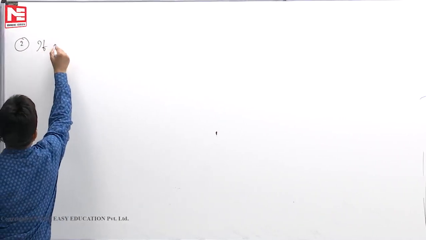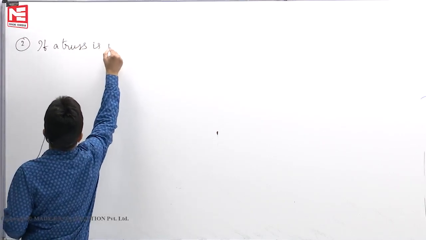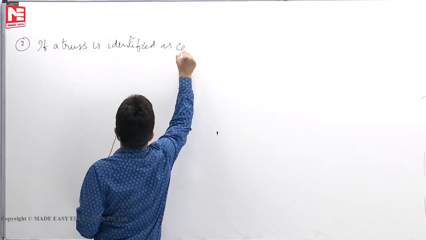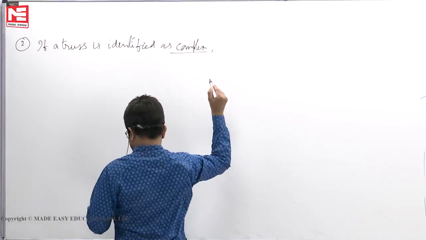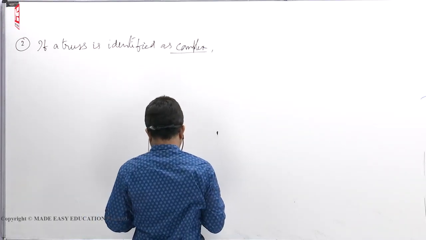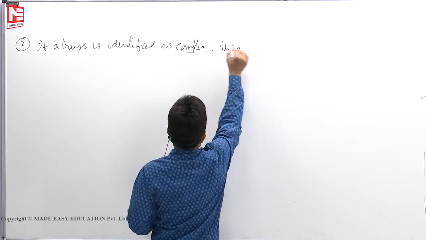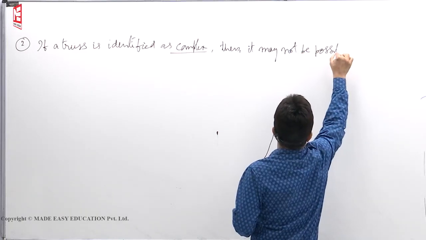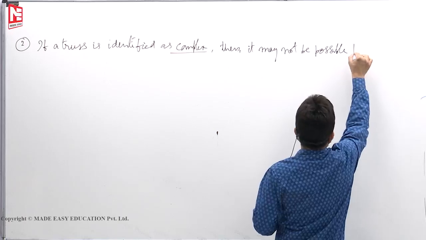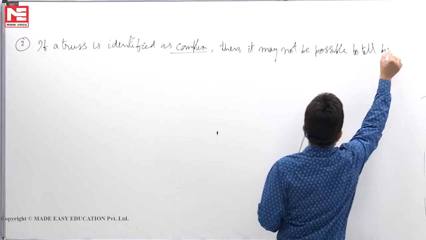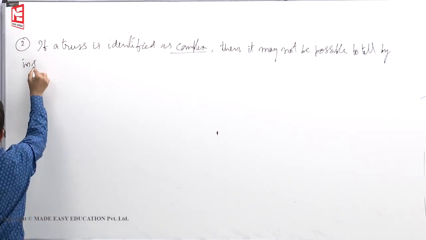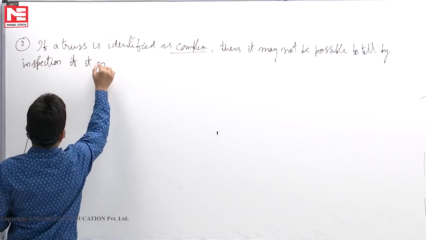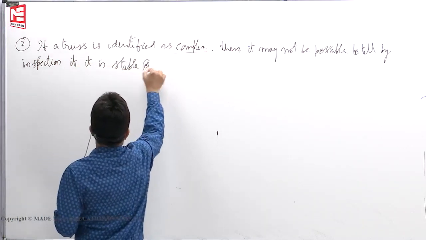If a truss is identified as complex, then it may not be possible to tell by inspection if it is stable or not.